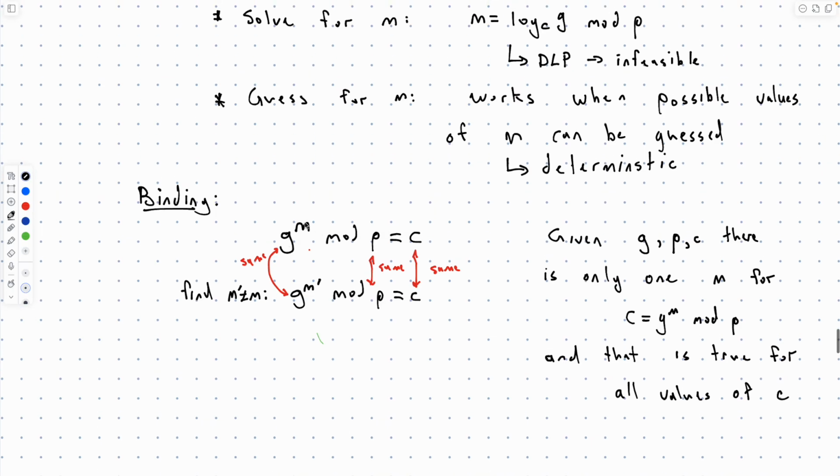But if you're only choosing m's that are smaller than p, then it's perfectly collision resistant. There are no collisions mathematically, and it's also hard to invert. But if you know about hash functions, say you have the hashes of a bunch of passwords, you can always guess them, right? You can build a rainbow table, you can try every single guess. Same thing applies to this commitment function. So you can just try every possible value until you find the right one, and then you know that you're done.